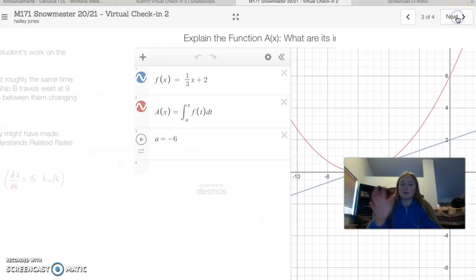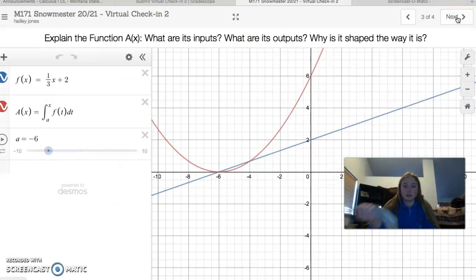Okay, so the next question, I kind of struggled with this one because I don't really understand why it is shaped this way. So it looks like the blue line is the 1/3 x plus 2, which is just a straight line. And then the integral is the area between the function f of x and the red curve.